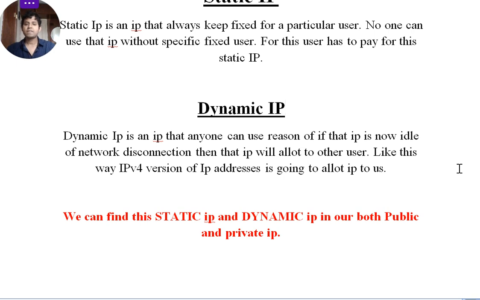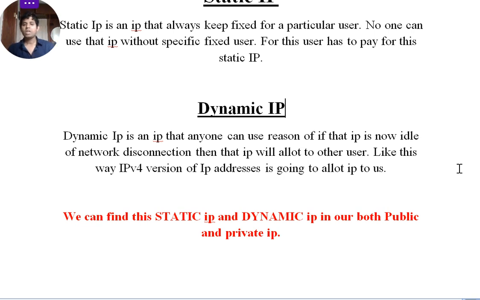Dynamic IP provides a non-permanent IP to a user when he is using the internet from a service provider. At that time, that IP address is allotted to him, but when he's not using the internet, that same IP address will go to another user who needs to access something.